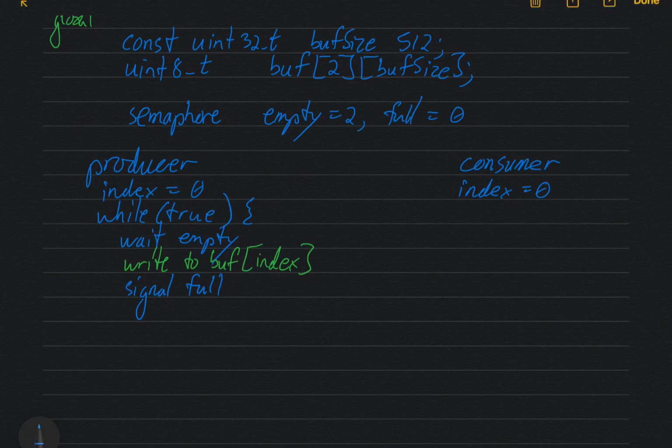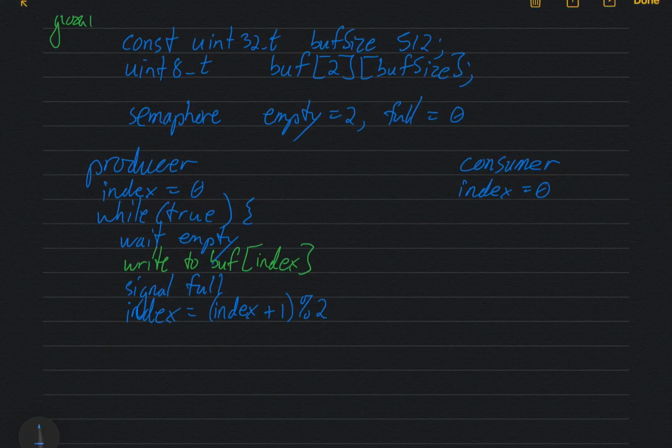But the other thing that we need to do is we need to move the index along. So the index will be equal to, let's do it this way, index plus 1 mod 2. And I could have just said index equals not index or 1 minus index. That would also work.